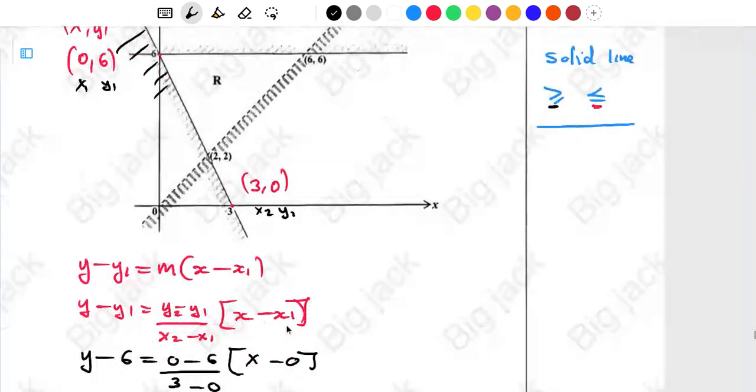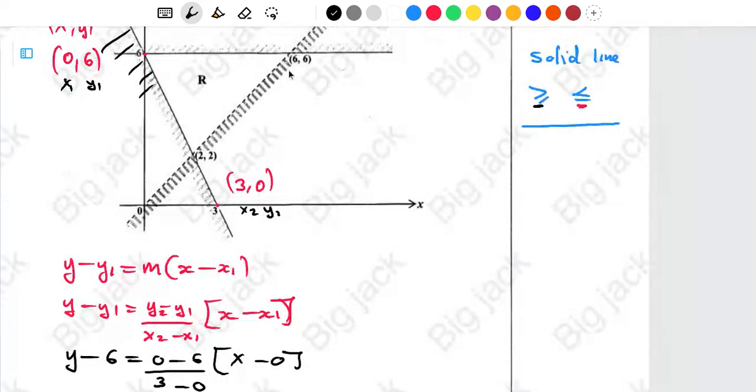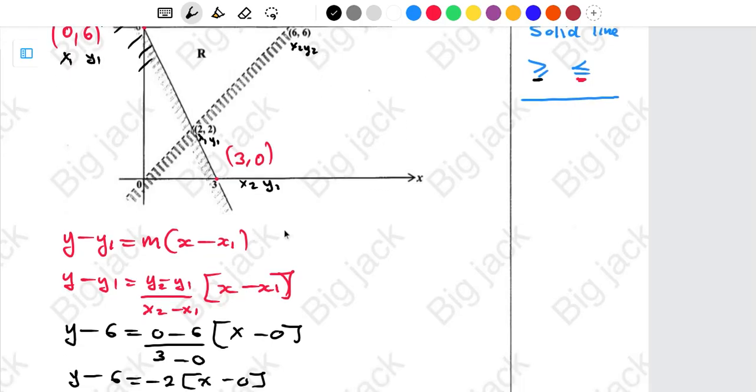The last inequality, we are going to do the same thing. You can see that here we have x1, y1, x2, y2. Then we're just going to use the same formula that we used to find the second inequality.